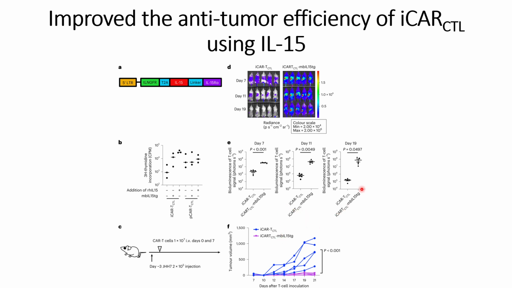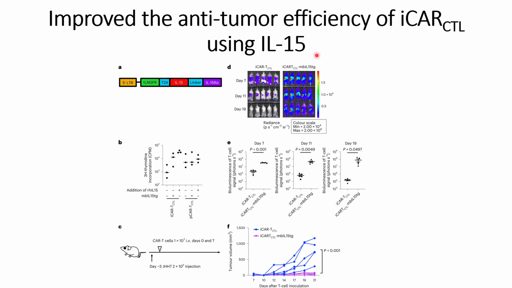Some of the results are also shown in the supplemental figures, where they did the comparisons also for CAR T cells that are derived from PBMCs, that is from the patient's blood directly.